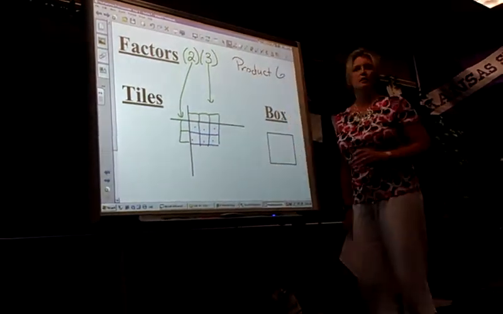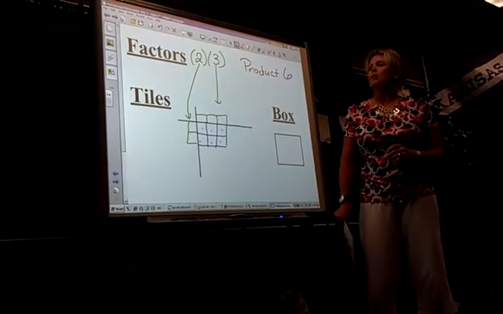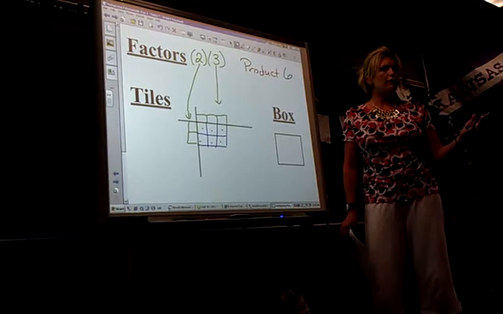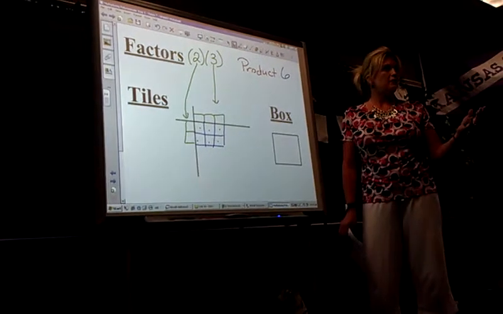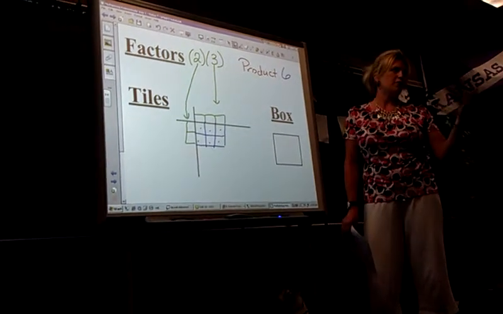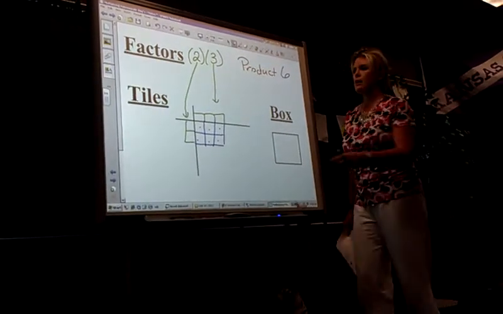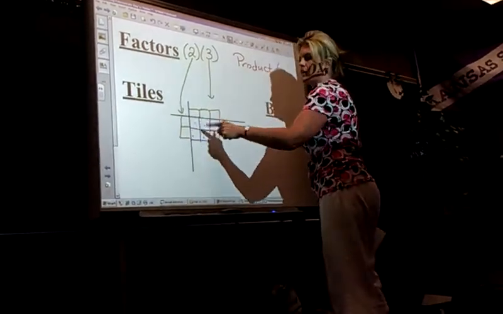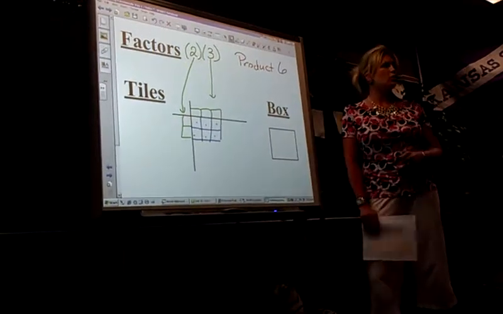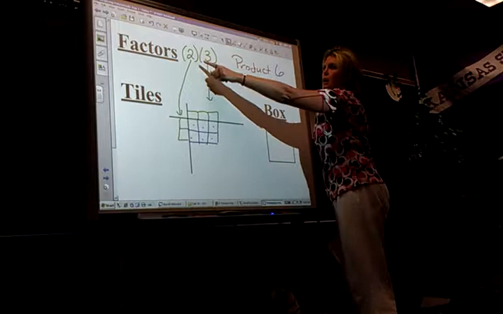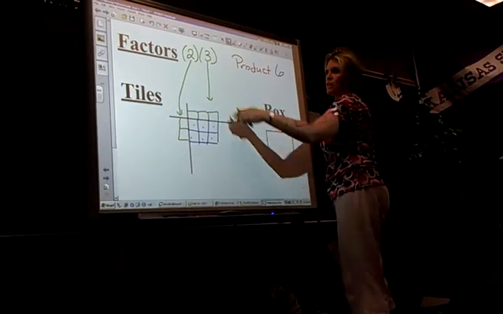My product is 6. I could teach my kids to multiply when they were in first grade just by drawing these pictures.